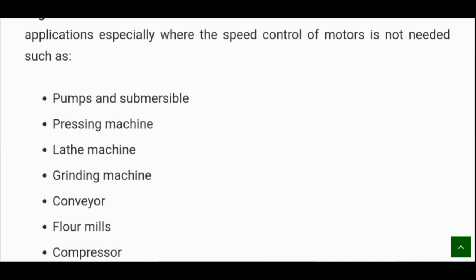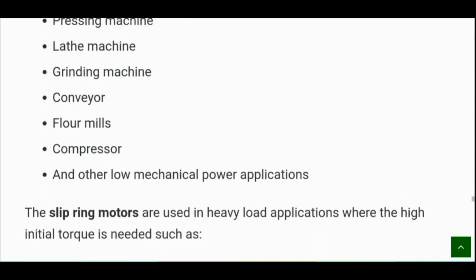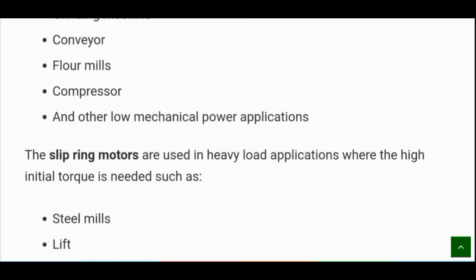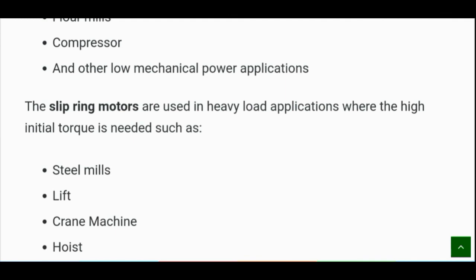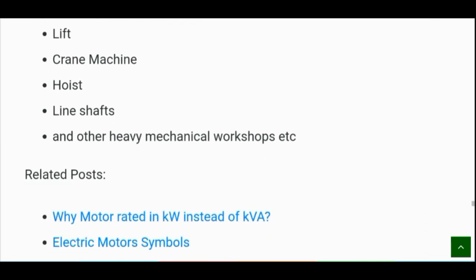Okay, also press machines, lathe machines, grinding machines, conveyors, flour mills, compressors, and other low mechanical power applications. The slip ring motors are used in heavy load applications where high initial torque is needed, such as steel mills, lifts, crane machines, hoists, line shafts, and other heavy mechanical workshops etc.